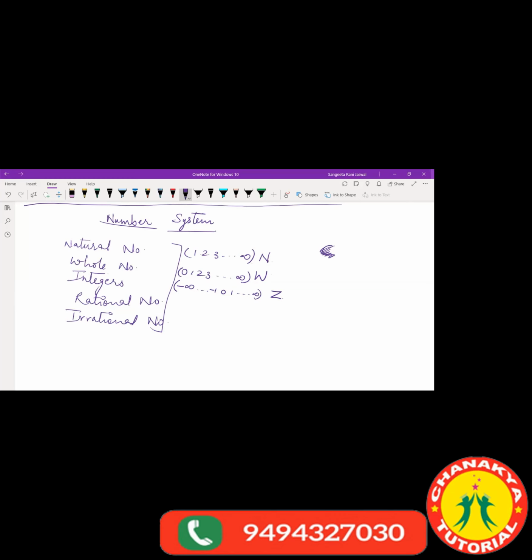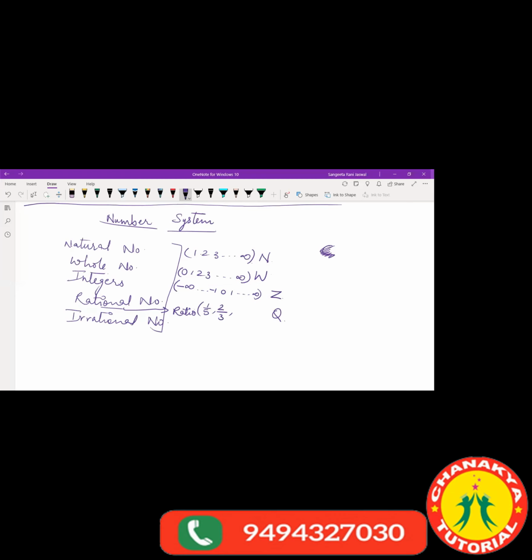Now, rational numbers. Since the word rational is derived from the word ratio, we call it rational. And in ratios, we have quotients, so this is represented by the letter Q. Rational numbers are numbers in fraction form, like 1 by 5, 2 by 3, in the form P by Q, where P and Q are integers and Q is not equal to 0.